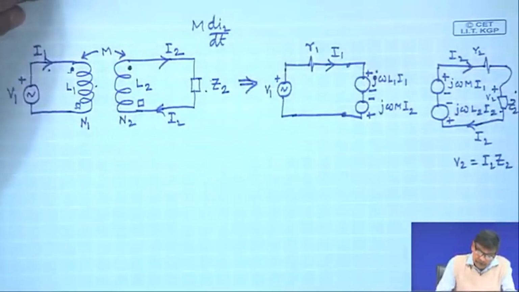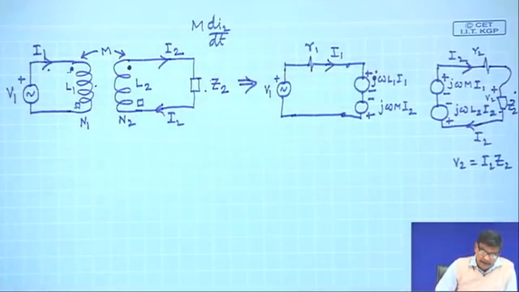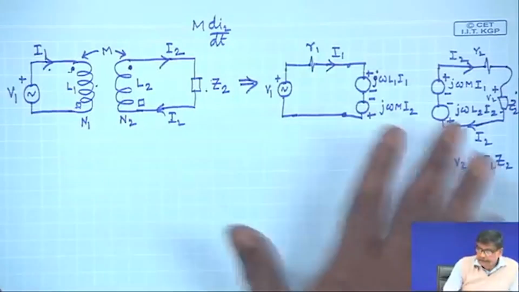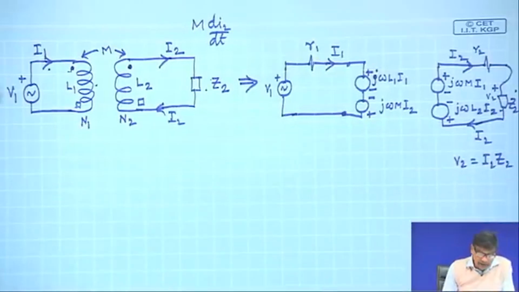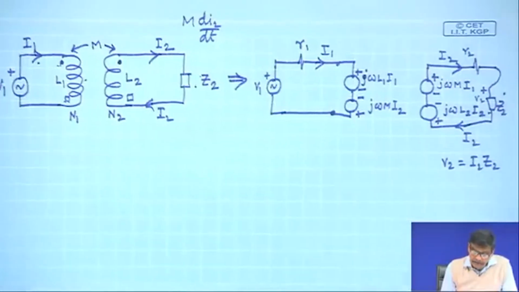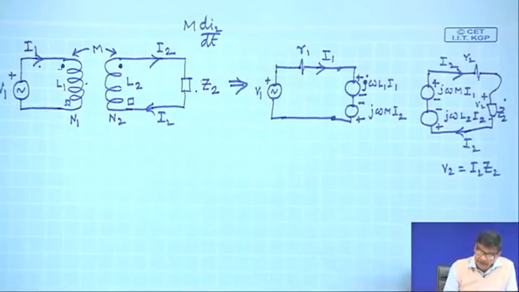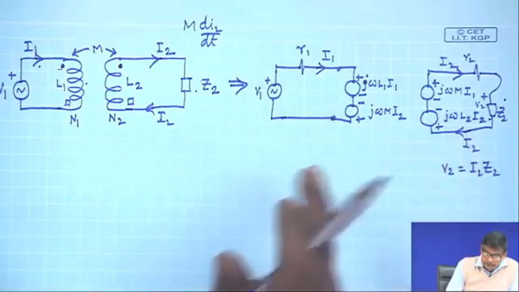So, when both the coils are carrying current, this is the scenario. Now, what I will do is, as I told you, simply write down the KVL equations in both the loops.